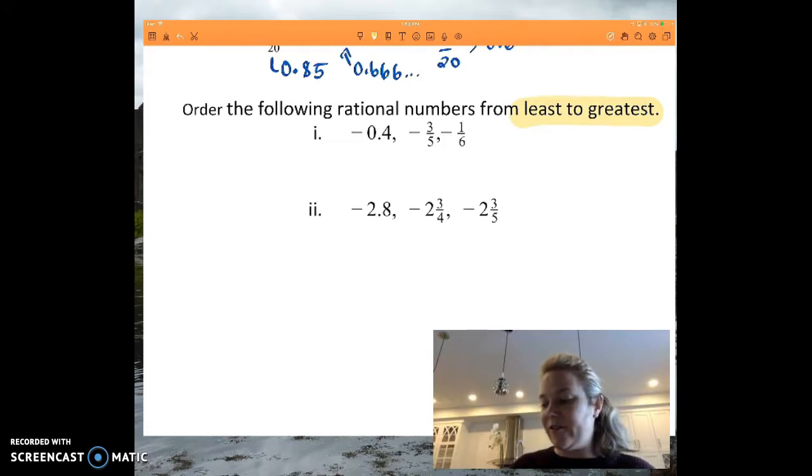So let's look at that first one. We've got 0.4, it's negative, negative 3 over 5, and negative 1 over 6. So let's start with all of our conversions. So this is, oops, that's not what I wanted to do. Let's go back to blue. This is actually negative 0.6.